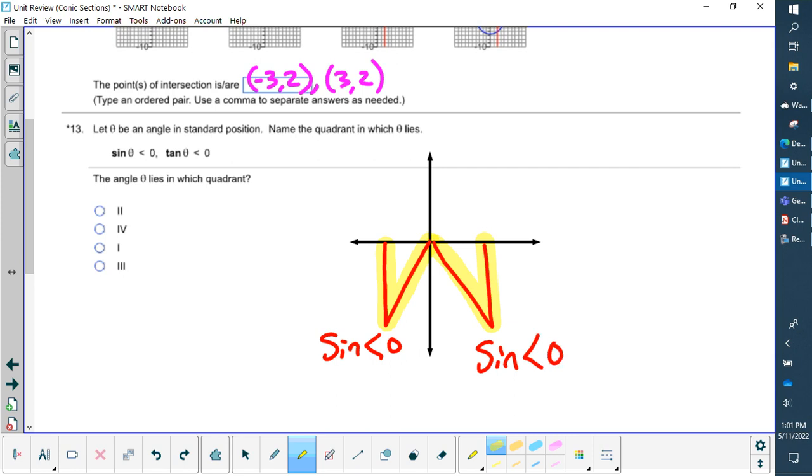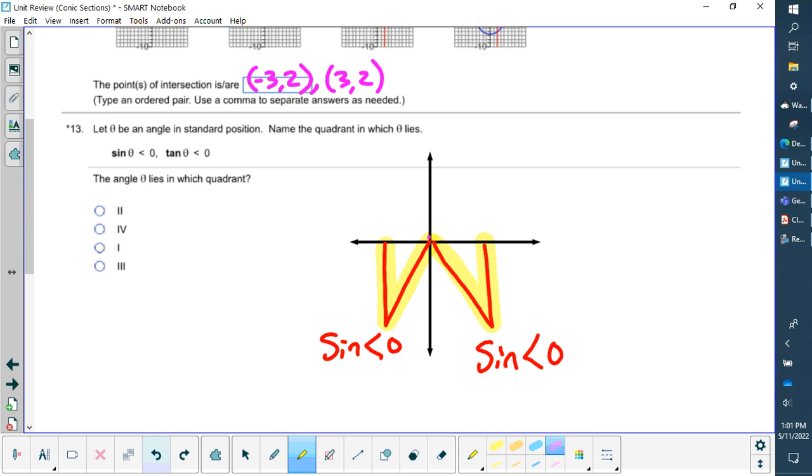Okay, what about my tangents? Tangents are opposite over adjacent. So if I made a little right triangle here, quadrant 1, opposite would be positive, adjacent would be positive. Because I go to the right, it's positive, I go up, it's positive. So that's not negative. Maybe I make a little triangle over here.